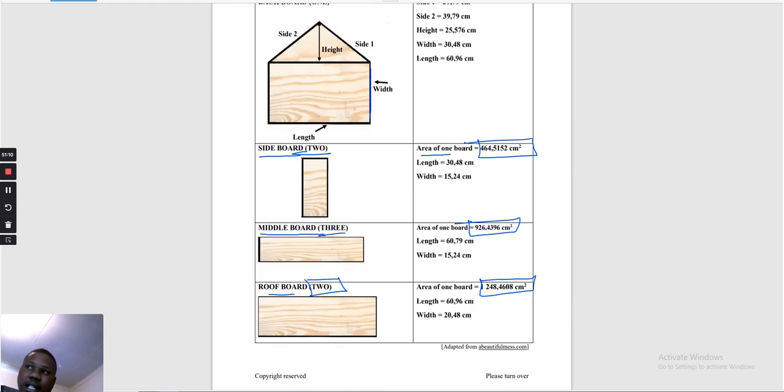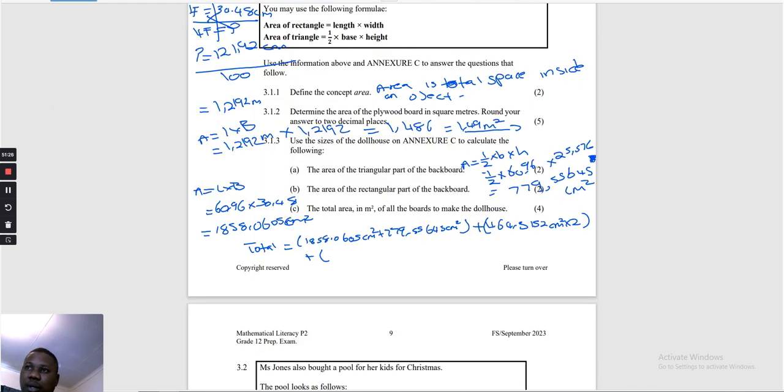The next one is 926,4396. How many are they? 3 of them. So we're going to have 926,4396 centimeter squared multiplied by 3 plus open brackets. The last, I think, is the last one.